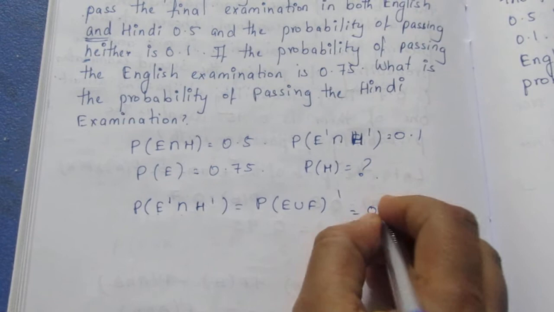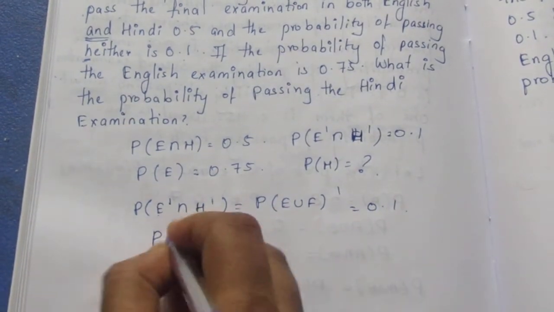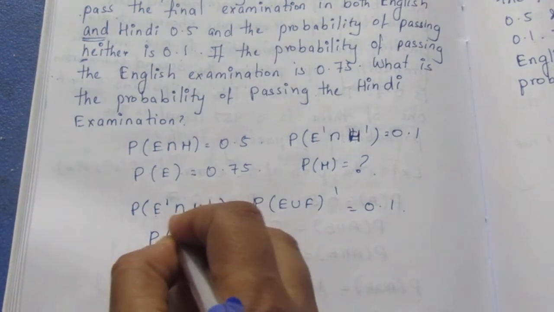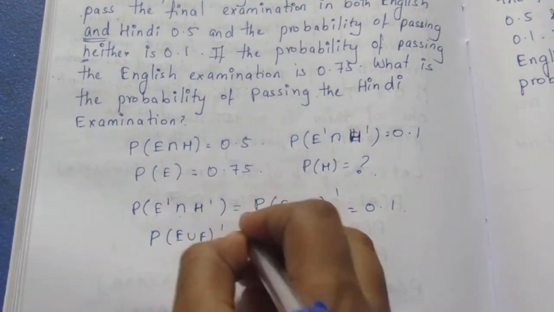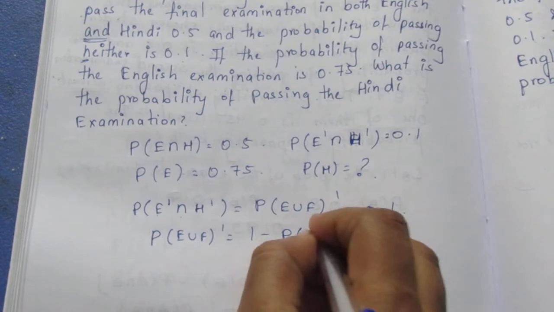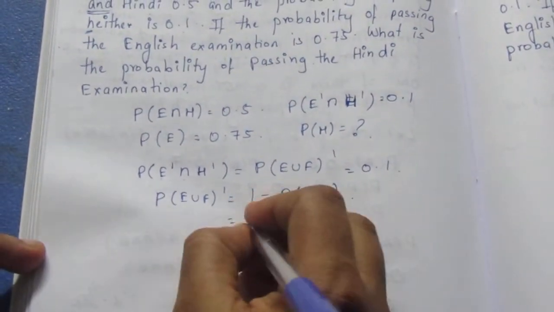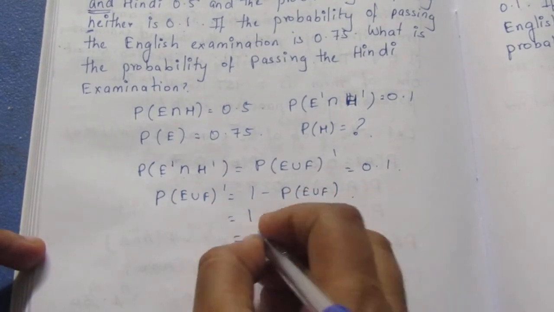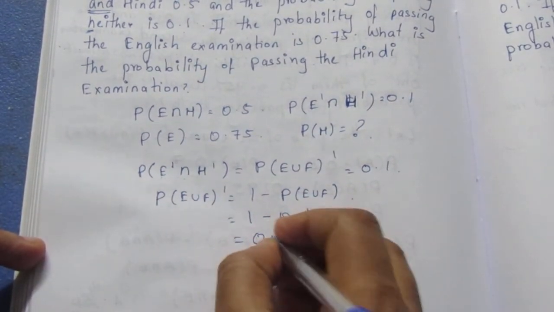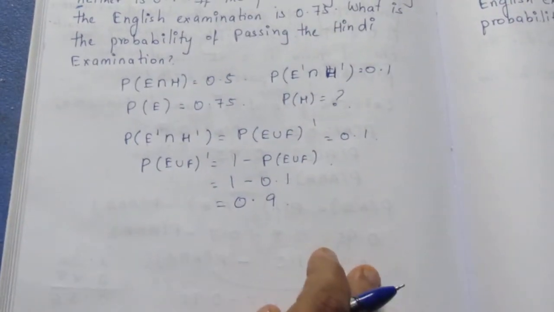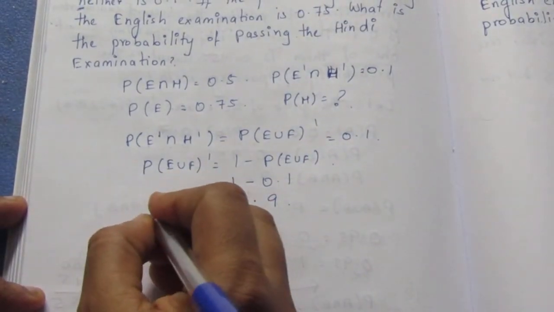So this is equal to 0.1. We know the formula for this is De Morgan's law, which we have learnt in sets. Here P of E union H the whole complement is nothing but 1 minus P of E union H. This is 1 minus 0.1, which is nothing but 0.9.